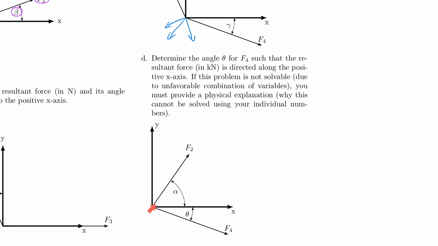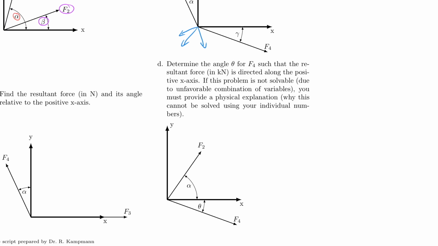What we want you to do is find this angle that makes sure that the resultant force of these two acts directly along the x-axis. Once again, depending on your variables, there are cases where it's not possible to solve this. And you have to explain in words why it's not possible to solve this if this applies to you. The majority of you will, however, be able to solve this properly based on their variables.